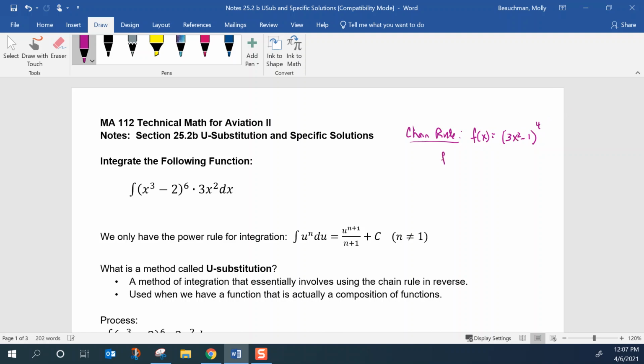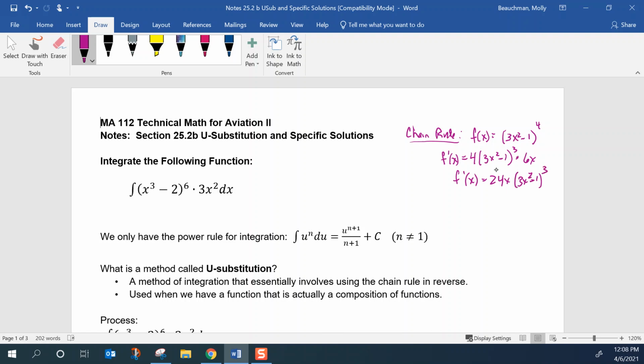When we took the derivative with the chain rule, we applied the power rule to the outside function, 4 times (3x squared minus 1) to the power of 3, times the derivative of the inside. The derivative of 3x squared is 2 times 3, which is 6x, and the derivative of 1 is 0. So we ended up with a derivative of 24x times (3x squared minus 1) cubed.